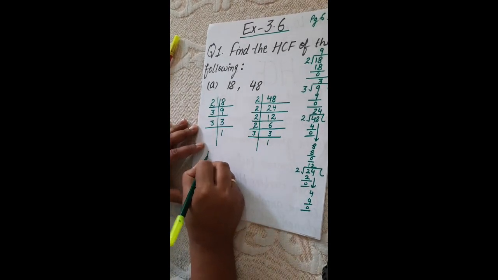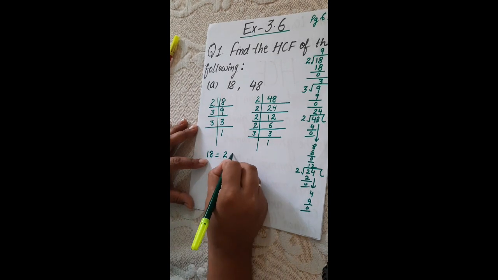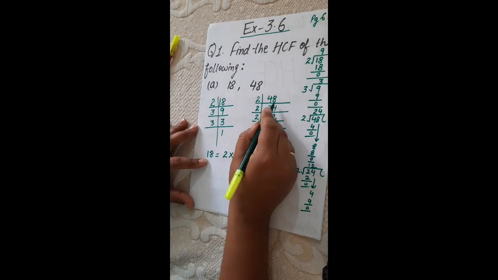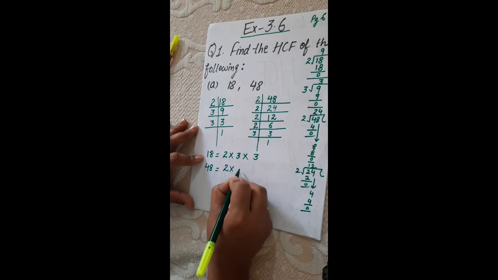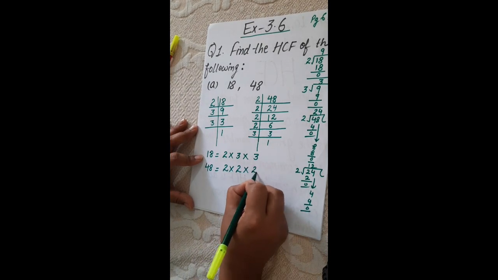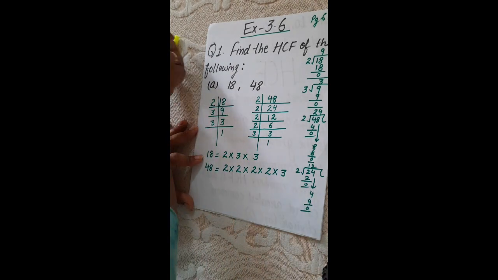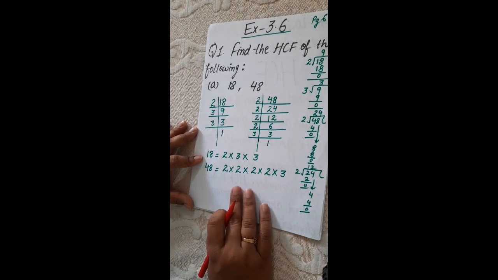Let's write the prime factorization of 18, that is 2 multiply 3 multiply 3. Then 48 equals 2 multiply 2 multiply 2 multiply 2 multiply 3. These are the prime factors of 18 and these are the prime factors of 48.